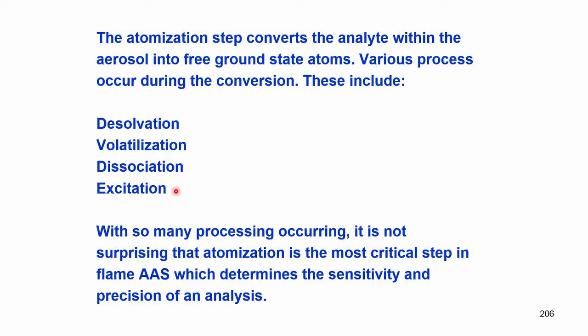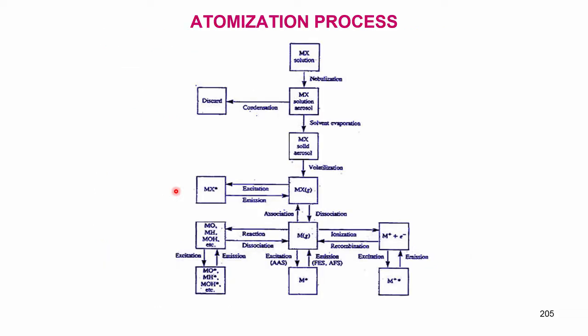With so many processes occurring, it is not surprising that atomization is the most critical step in flame atomic absorption spectrometry, which determines the sensitivity and precision of an analysis. So, this is the process.